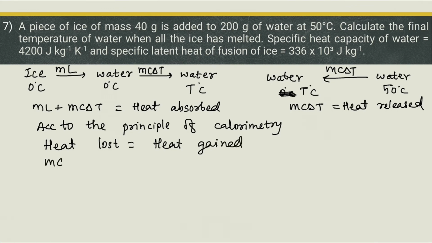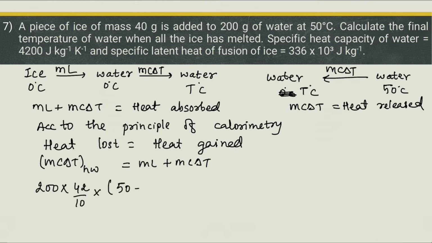Heat lost, mc delta T of hot water, is equal to ml plus mc delta T. Mass of hot water is 200, specific heat capacity is 4.2, delta T is 50 minus T, is equal to, let us take m common from the right side.